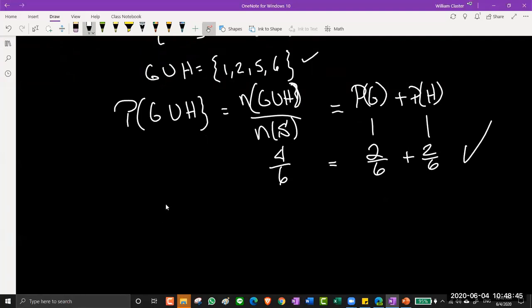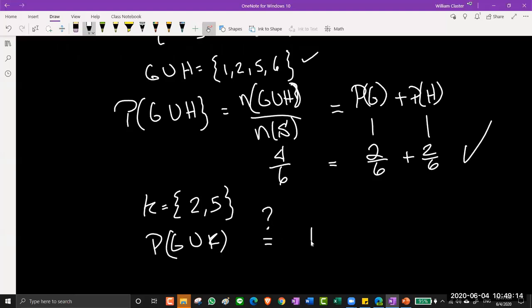Now let's say that G was 1 and 2. Let's say we have K equal to 2 and 5. Okay, let's check it again. The probability of G union K equals the probability of G plus the probability of K. What is G union K?